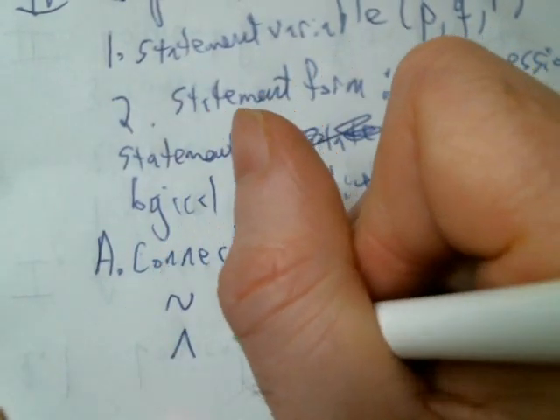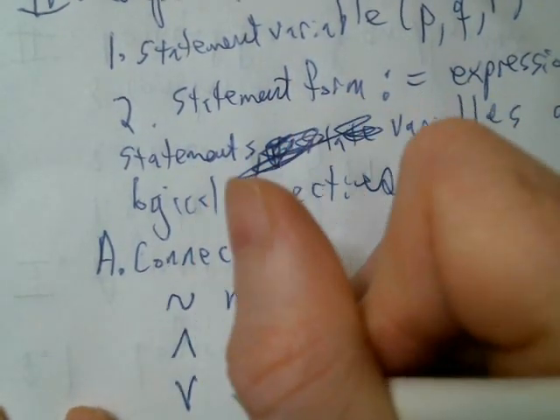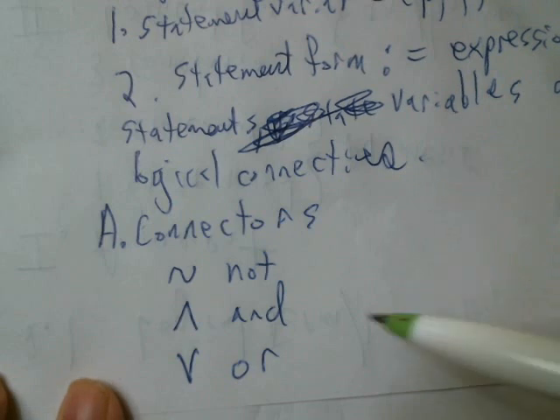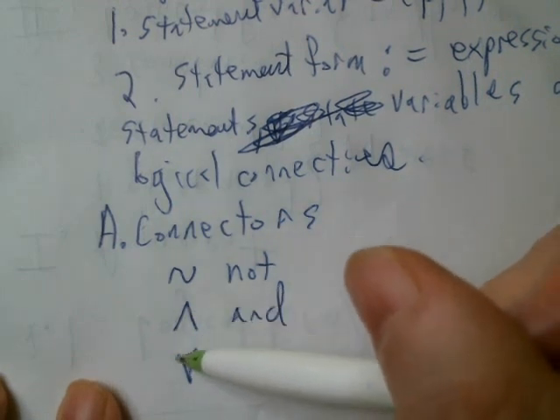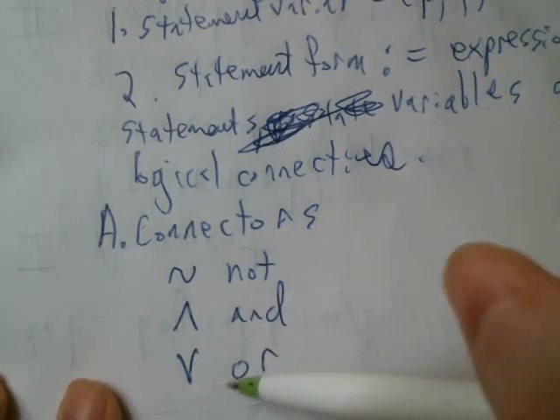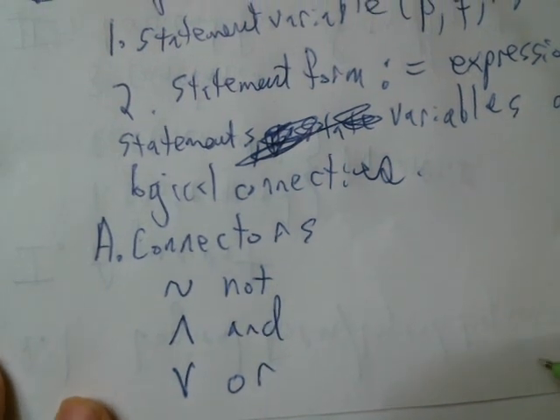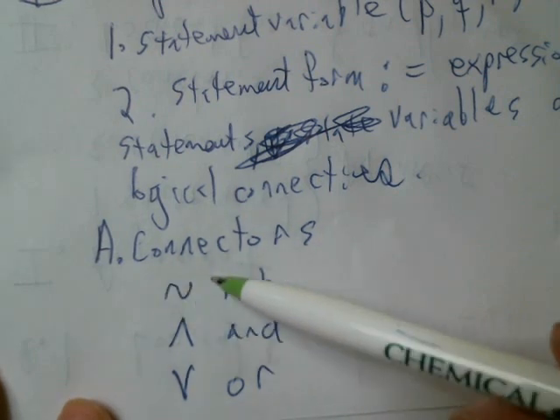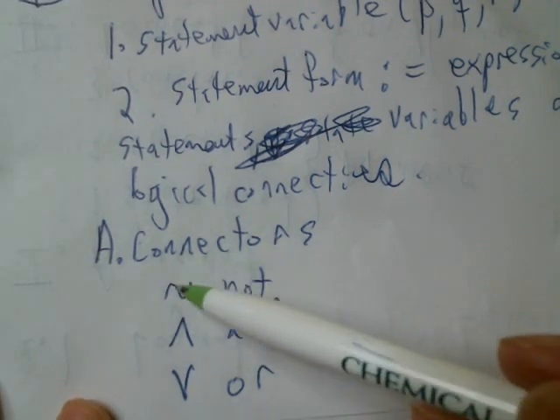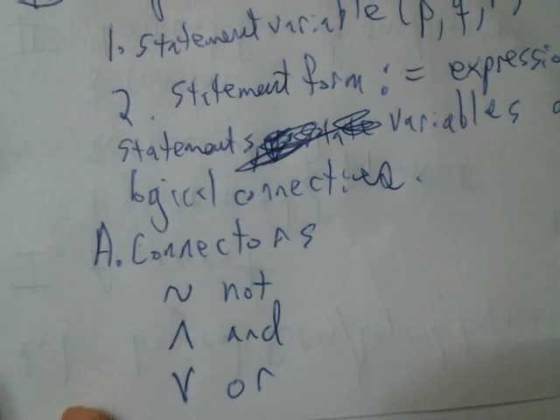There's the and, then there's the or. Okay, so these symbols, the caret and the upside down caret, or a V, is for or, this is for and, this is for not.